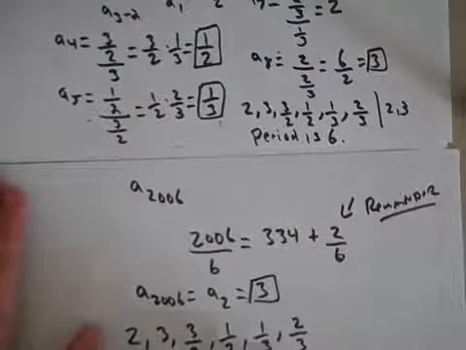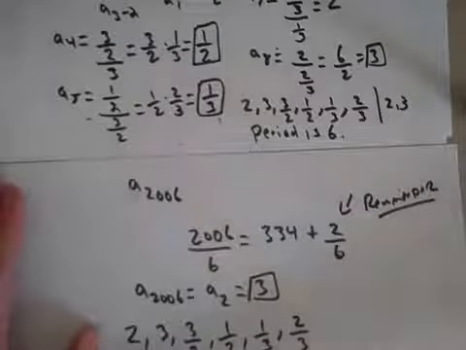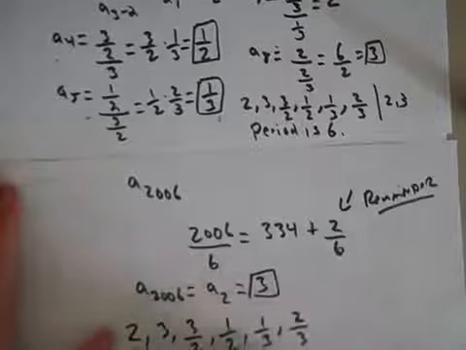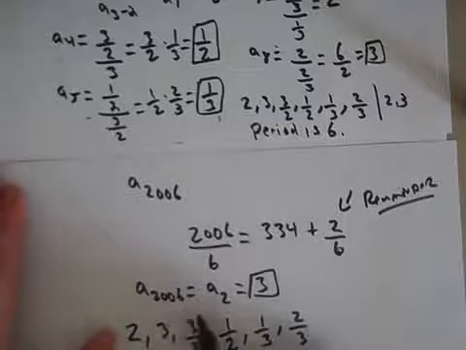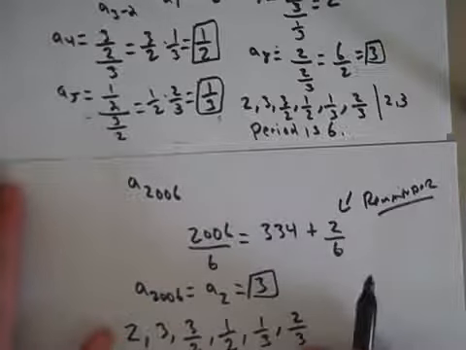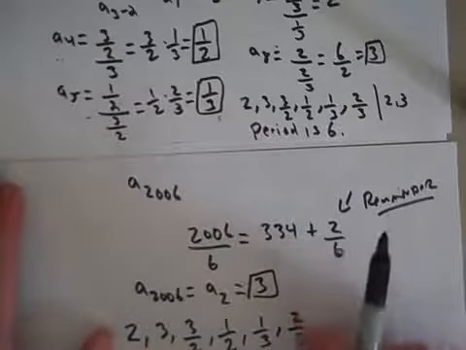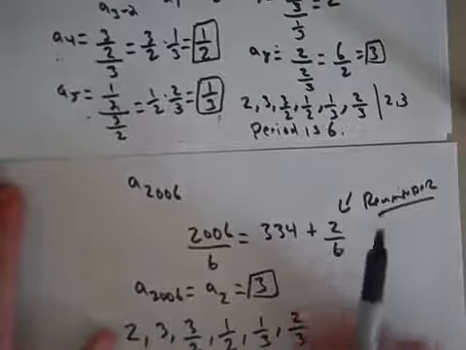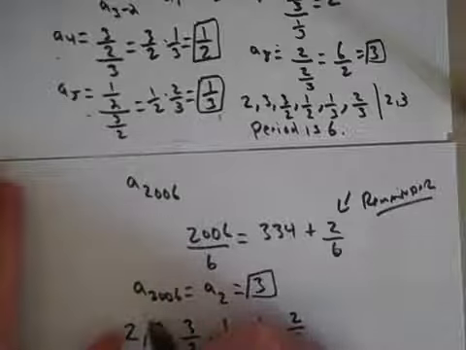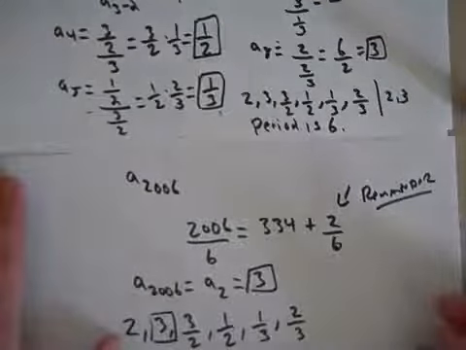You go around 1, 2, 3, 4, 5, 6, 1, 2, 3, 4, 5, 6, all the way to 2003. Wait a minute. Let me think about this for a second. Yes, 2 is the remainder. So the 2004th term would end here, and then you'd go 2005, 2006. So this would be your answer. The answer for this problem is 3.